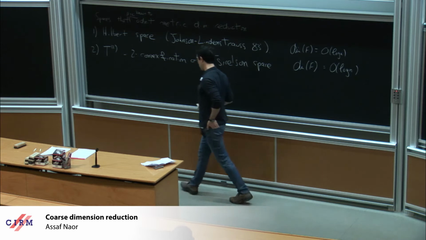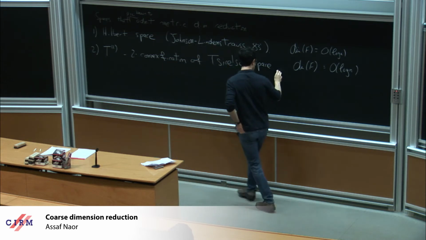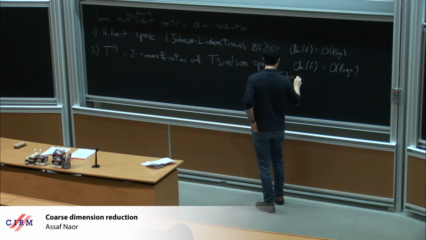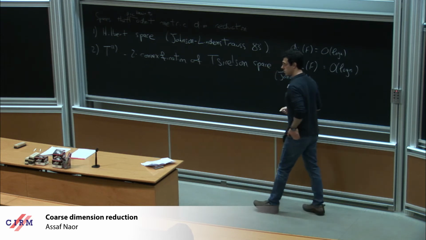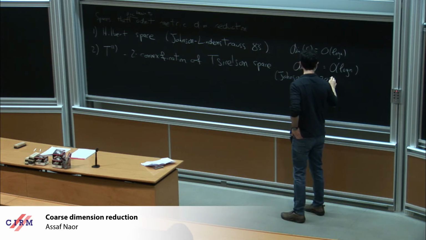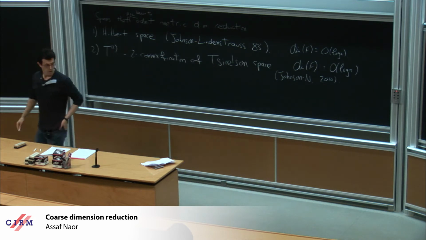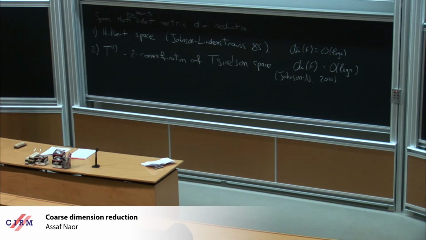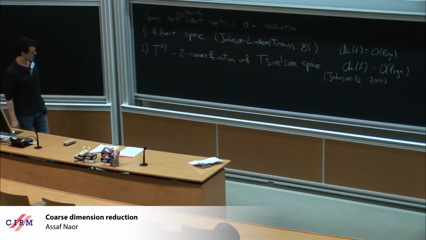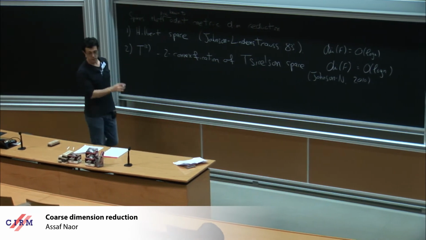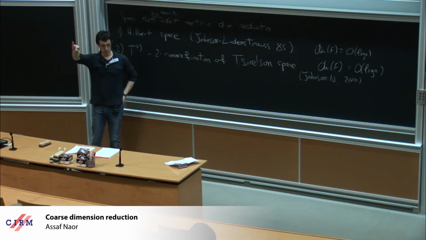And this was noted in a paper of Johnson and myself from something like 2010, maybe, I'm not so sure. So this is a space which isn't barely non-isomorphic to a Hilbert space, and still every n points can be realized in a logarithmically dimensional, log n dimensional subspace.